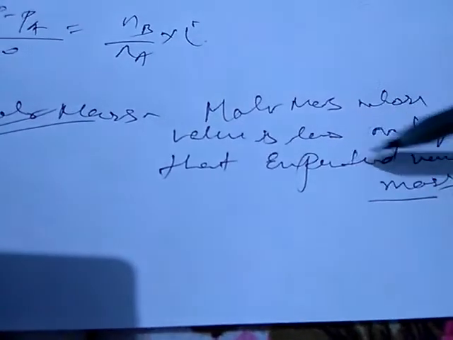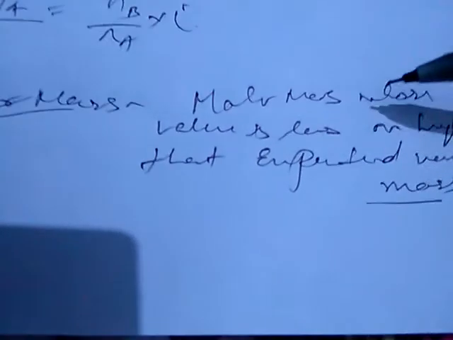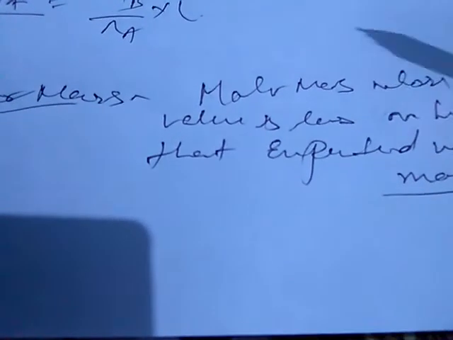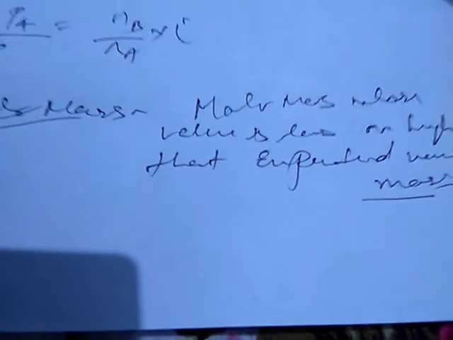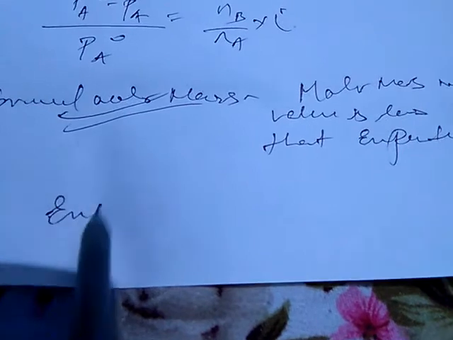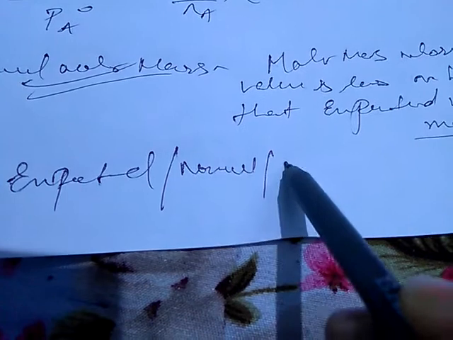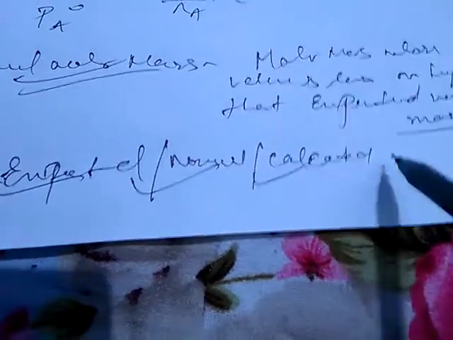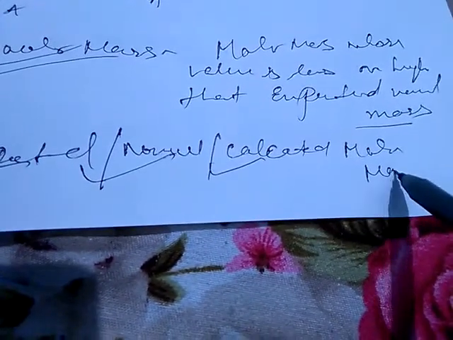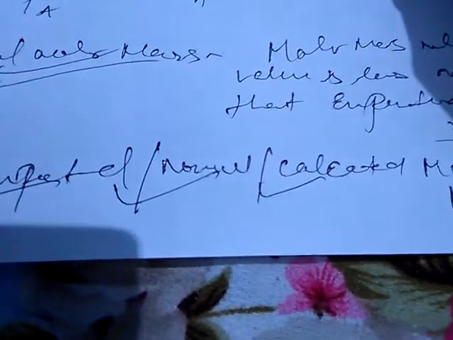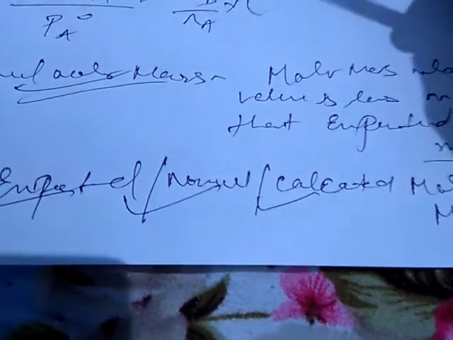And the expected molar mass, or the normal molar mass, is calculated by considering that there is no association or dissociation of the solute particles. Means all that molar mass which is expected, normal or calculated is found on the basis that there is neither association nor dissociation in the solute particles.